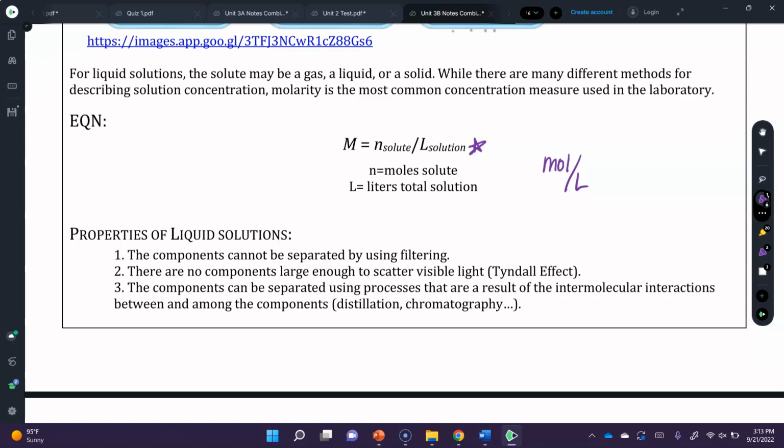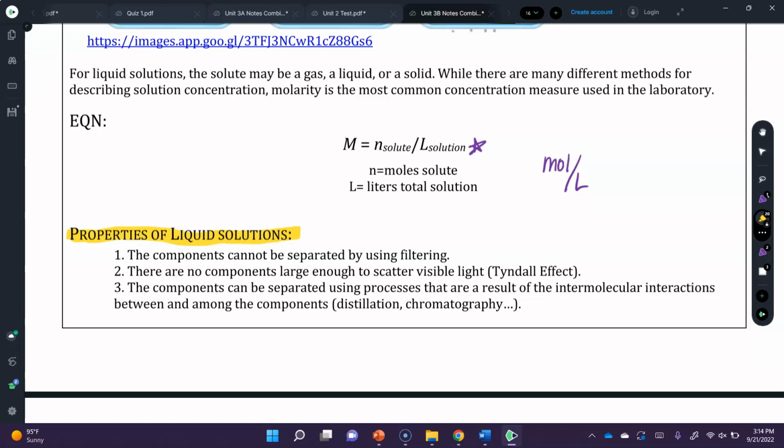The properties of liquid solutions: the components cannot be separated by filtering. We will see that you can use distillation or evaporation to do this though. There are no components large enough to scatter visible light. So there's no bigger solid chunks that'll cause the light to scatter.